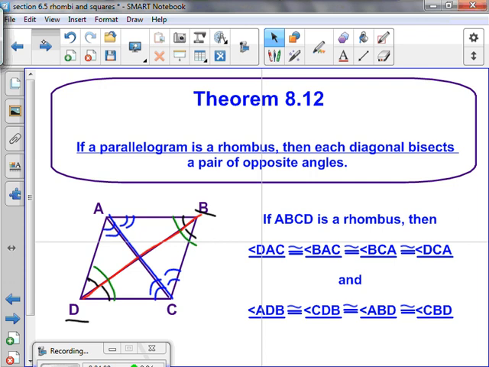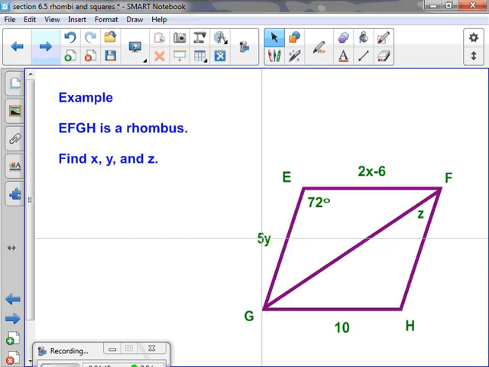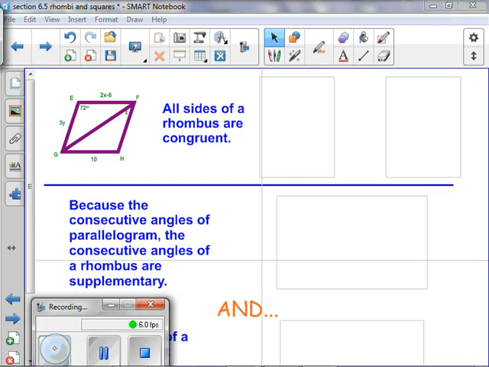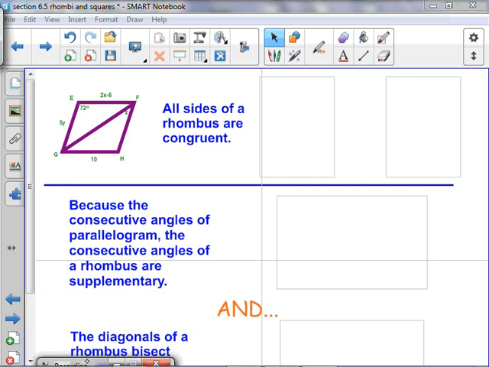EFGH is a rhombus. Find X, Y, and Z. On the next page, we will talk about how to do this. Okay, so I just paused the video for a moment, and we are back. So we've got all sides of a rhombus have to be congruent.